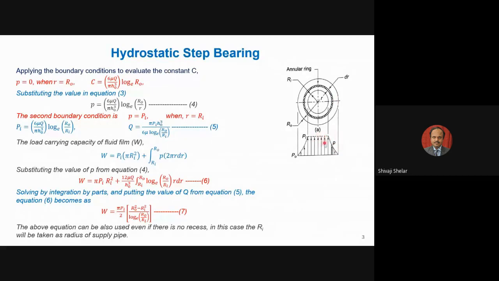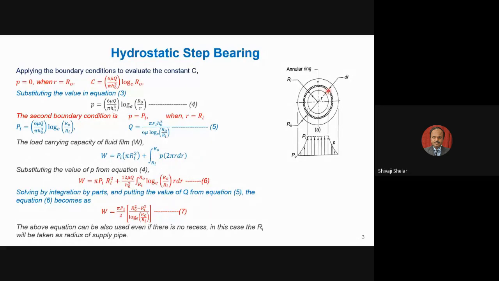The first part is the rectangular area concept, so W is equal to Pi into pi Ri square. That is the first part here. And the second part is where the pressure is varying, from Ri to Ro. So what is the instantaneous pressure value?